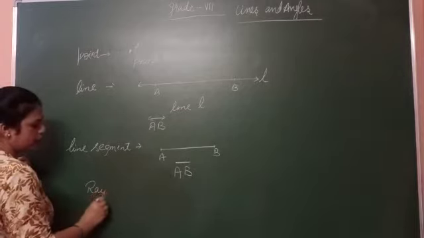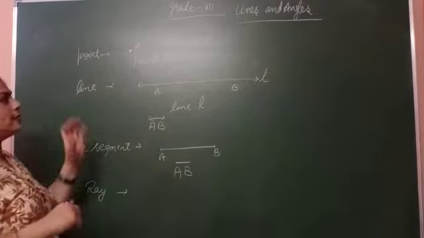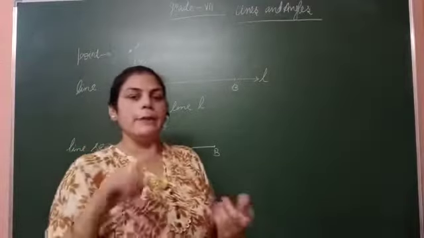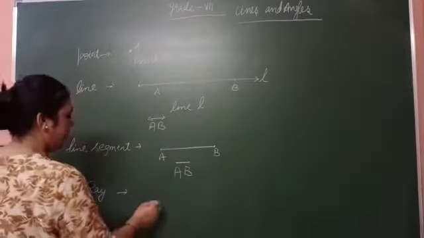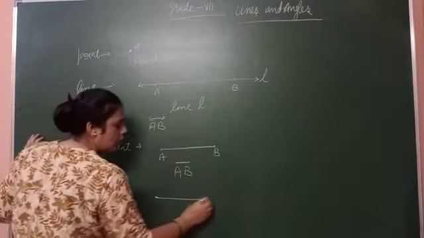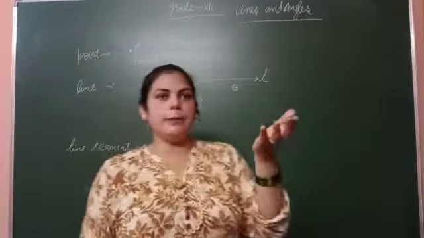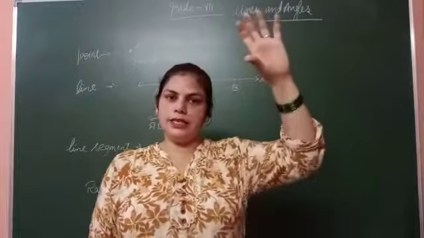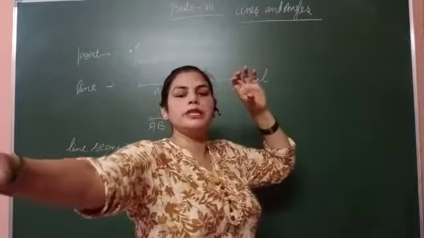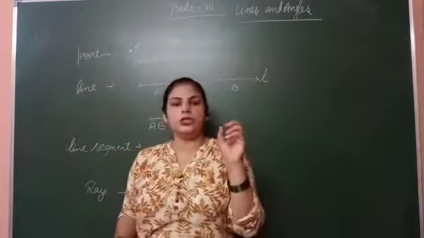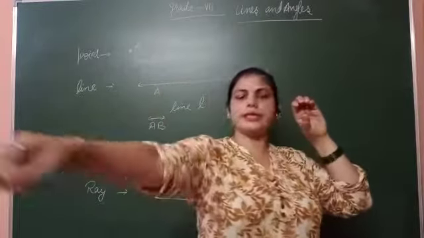Next, come to ray. A ray also comes from the line, but it has one fixed point and extends from one side. An example is sun rays: the sun is the fixed point, and rays come out from it. Like a torch, rays come out from it.